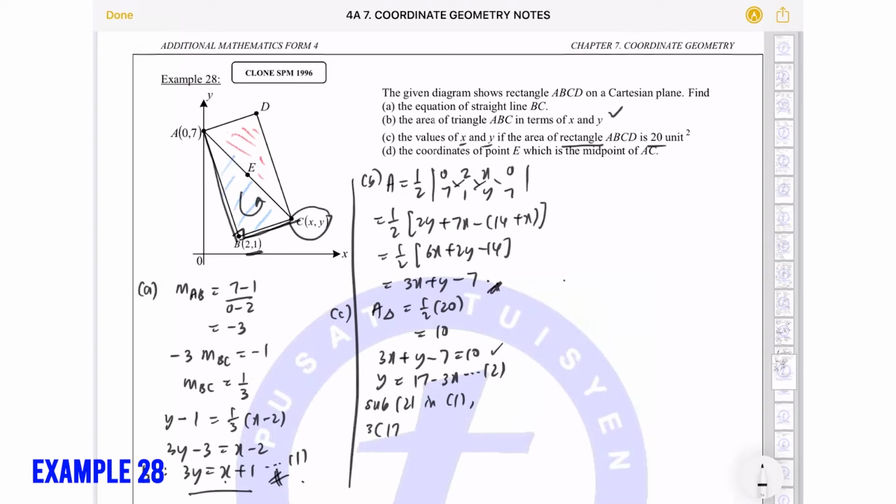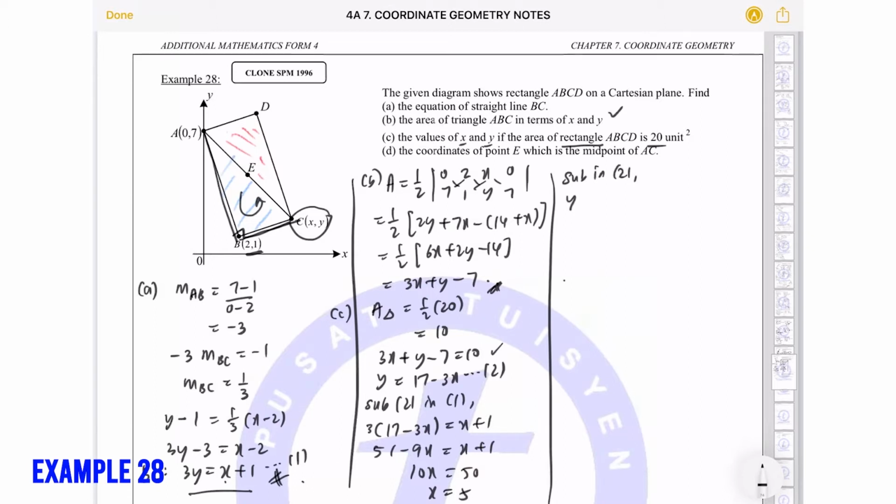So 3 times 17 minus 3x equals x plus 1. 51 minus 9x equals x plus 1. So 10x is 50, x is just 5. Once you know x equals 5, we can just sub inside, let's say, equation 2. My y is 17 minus 3 times 5, which is 2. So C should be 5, 2.